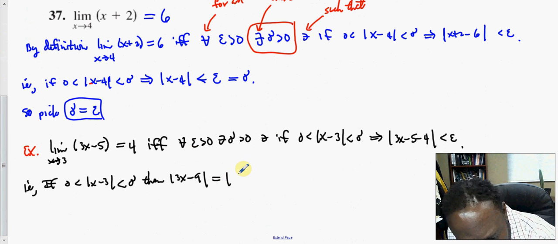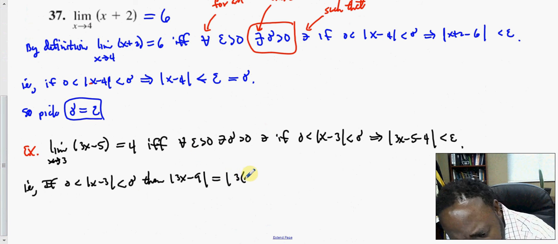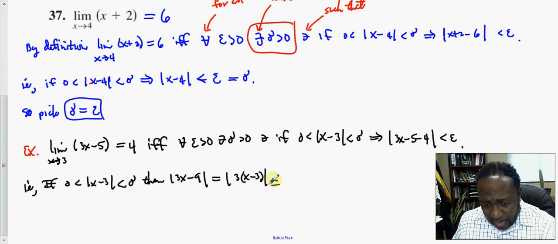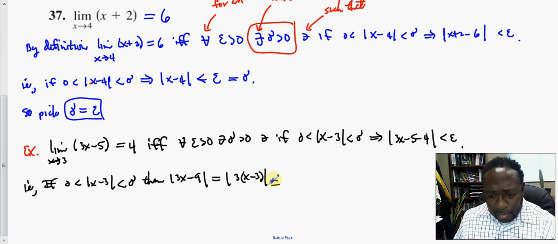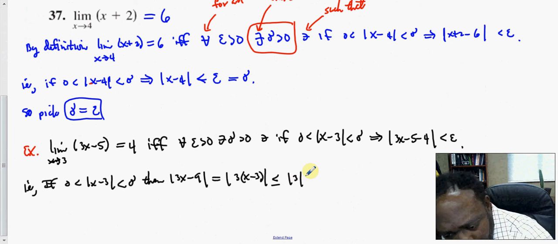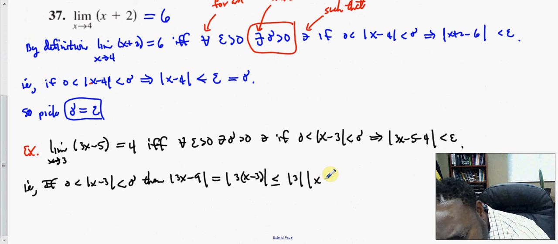This is equal to the absolute value of 3 times parentheses x minus 3. And by definition of the absolute value, this is less than or equal to the absolute value of 3, if I factor out that 3, times the absolute value of x minus 3.